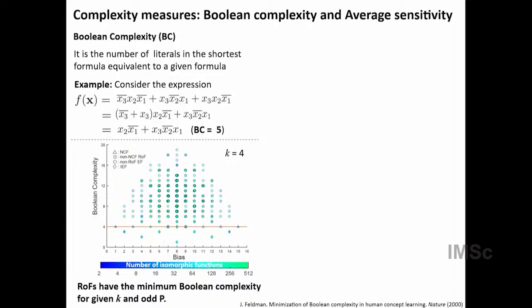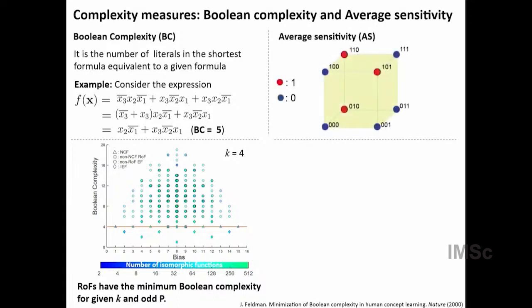But what is true here absolutely is that the NCFs and the ROFs would have the minimum value. That is, this is in some sense the measure of compressibility of a function, and you cannot compress the NCFs and ROFs further than this. So the ROFs and the NCFs basically have minimum Boolean complexity.